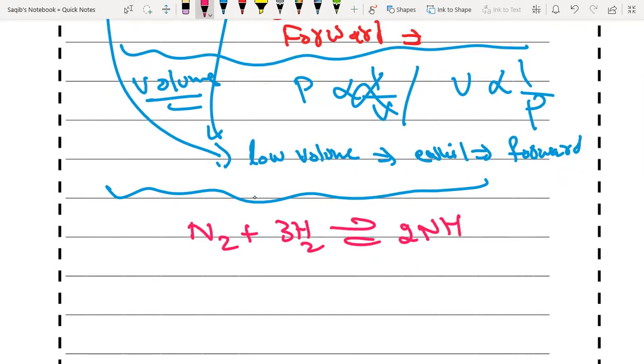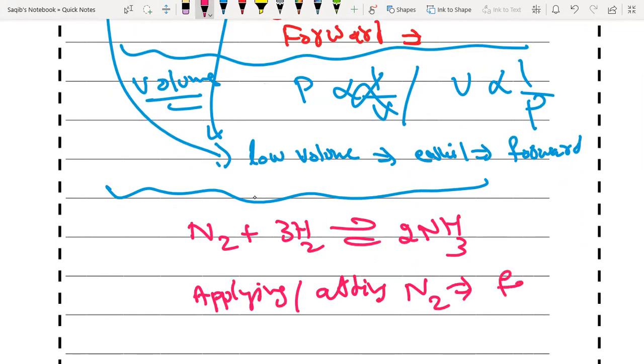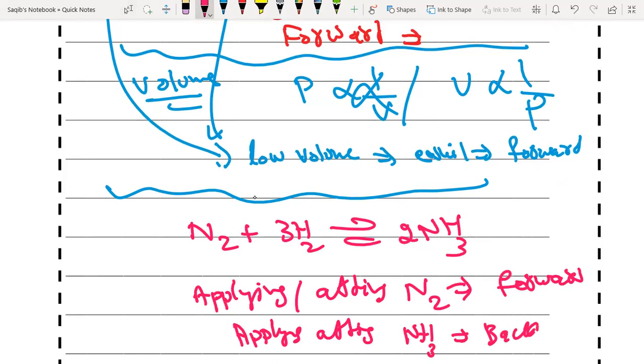If you are adding any reactant, like nitrogen, the reaction will move forward. If you are adding any product, for example ammonia over here, the reaction will move backward.